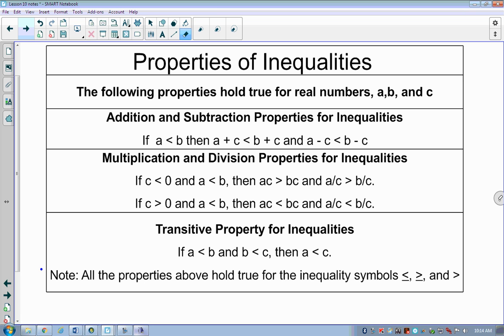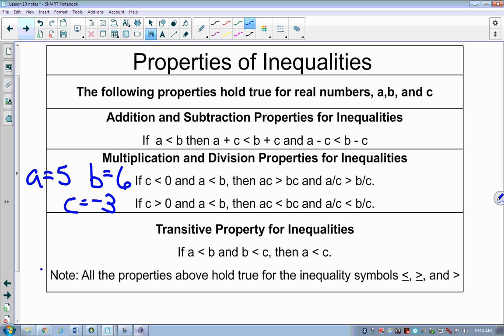Let's go ahead and keep using our illustration. Let's say, what did we say? A was 5. B was 6, right? And C, let's say in this case, it's -3, right? Because it's got to be less than 0.